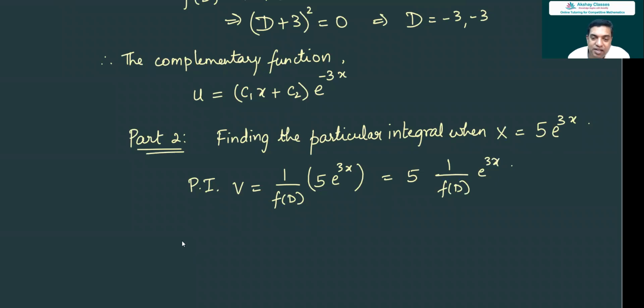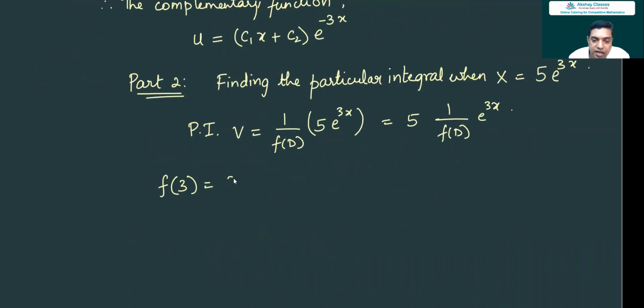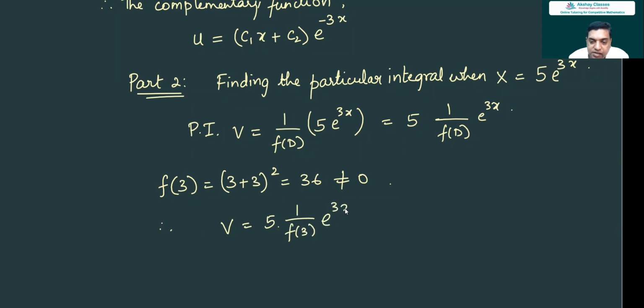Now we have to see whether f(3) is 0. f(D) is (D + 3)², so you get (3 + 3)² = 36, not equal to 0. Therefore, v is 5 times 1 upon f(3) times e^(3x), so 5 upon 36 e^(3x).